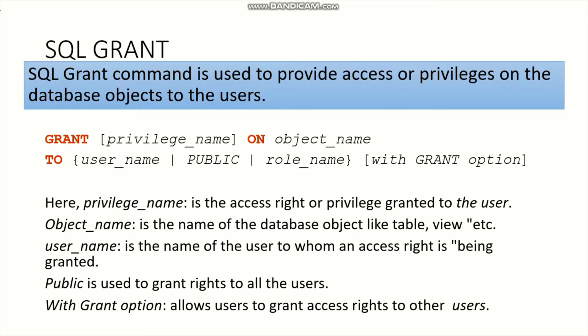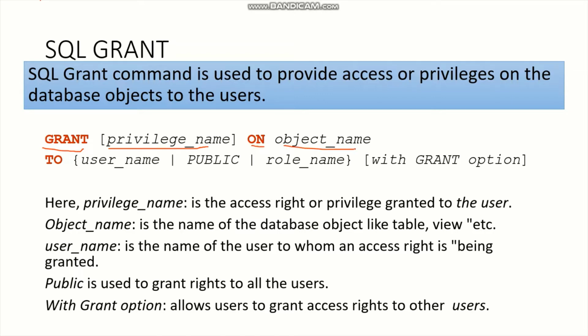The syntax for this command is: grant, this is a keyword, then the privilege name, it can be select, update, delete, execute, anything. Then we have another keyword, on, and the name of the object.